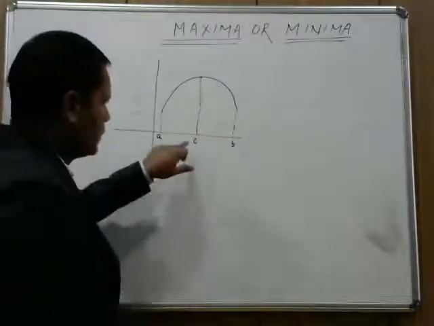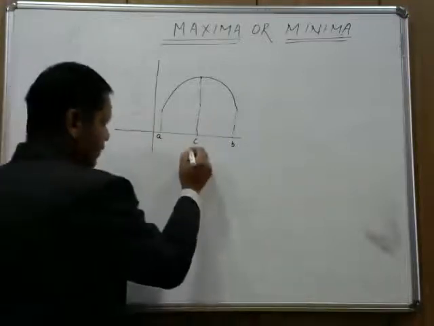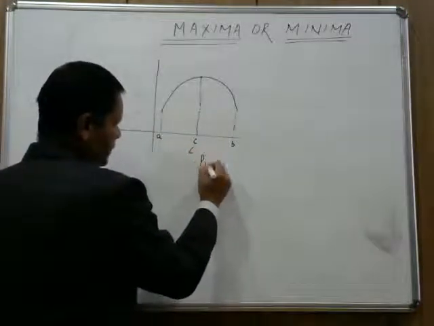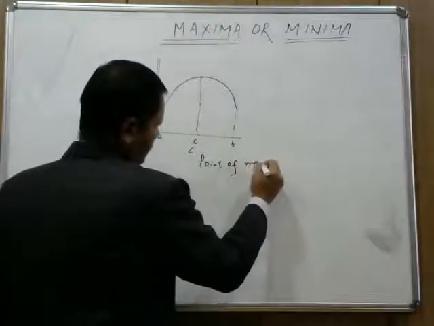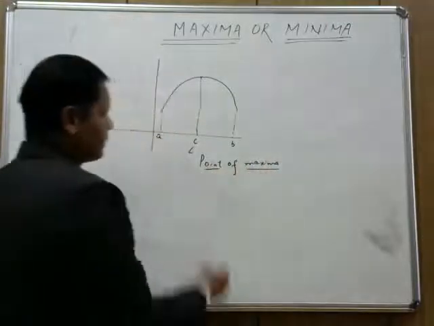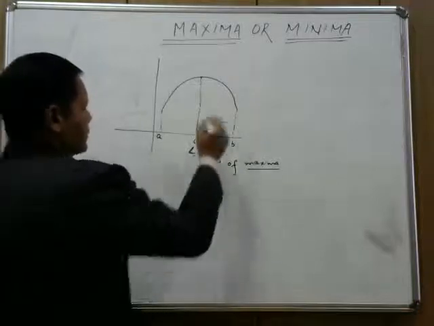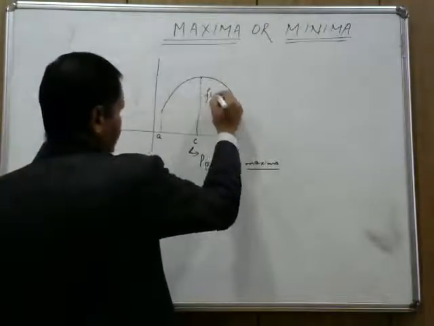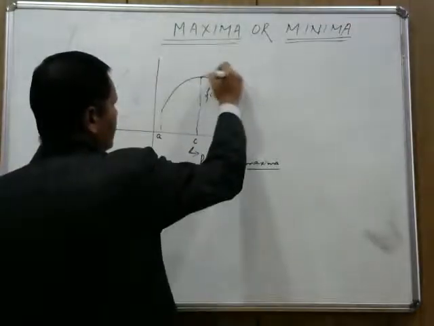That's why now in this graph we can see that C is called the point of maxima, and its value f of c will be the maximum value.